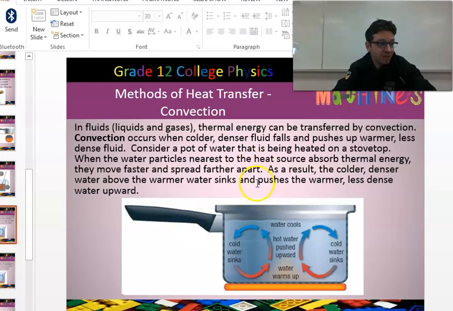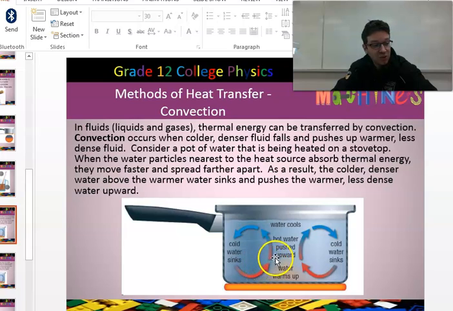Convection, right, is when we have these currents. So here we still have this pot in contact with this element, which is heating the pot, right? And then the pot is also heating the water, more so at the bottom. But then, due to density, when the water warms up, it's moving faster, it spreads a little bit further apart and becomes less dense.